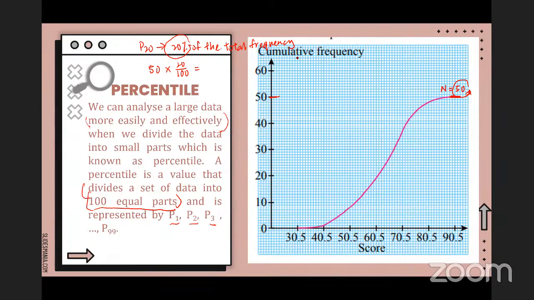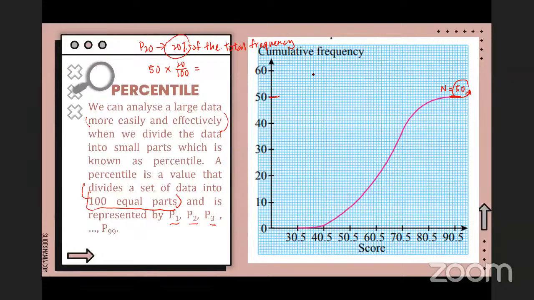Guys, what is 20% of the 50? Hello? Yeah, you're right.